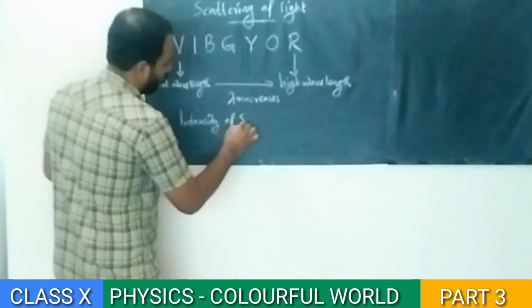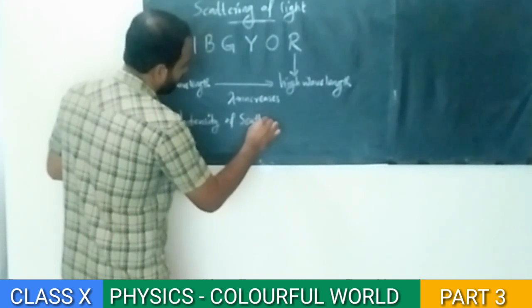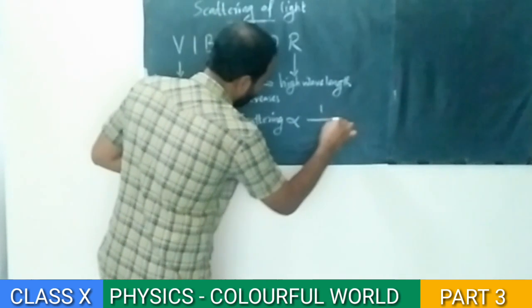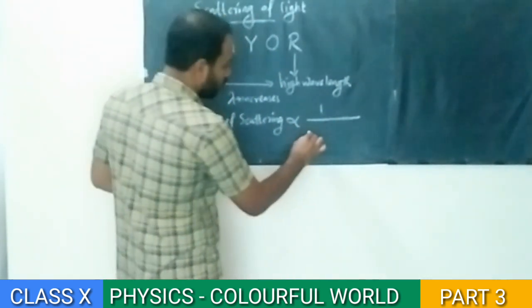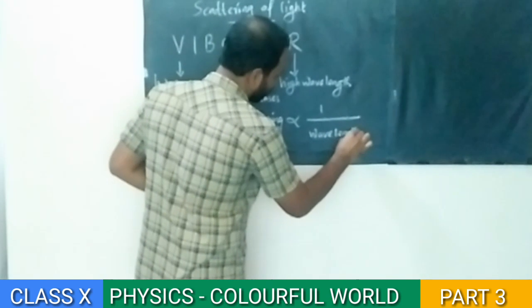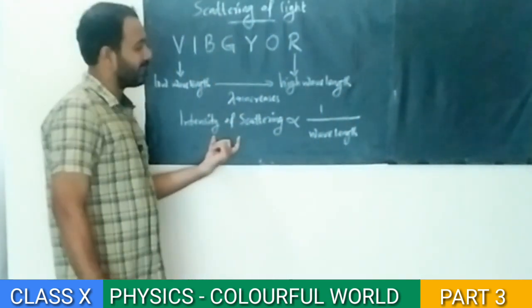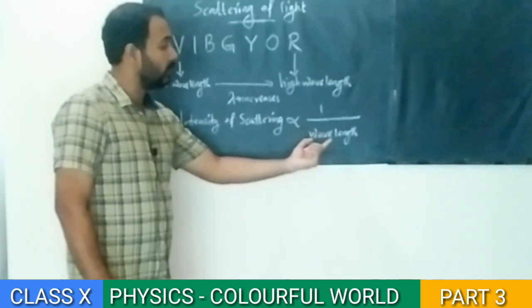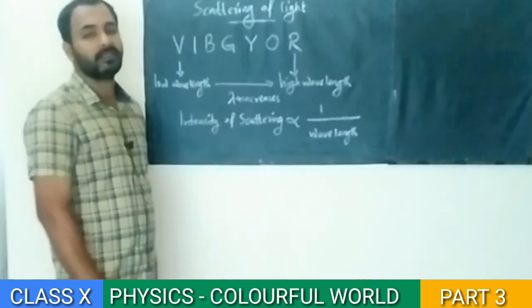Intensity of scattering, or amount of scattering, is inversely proportional to wavelength.